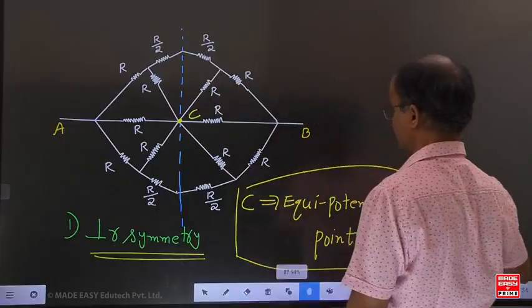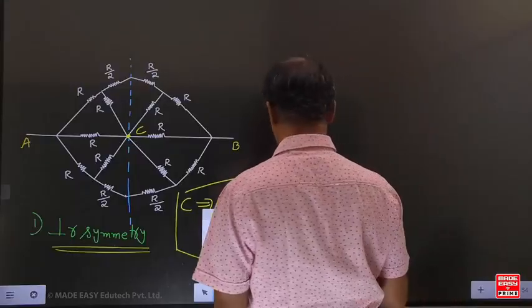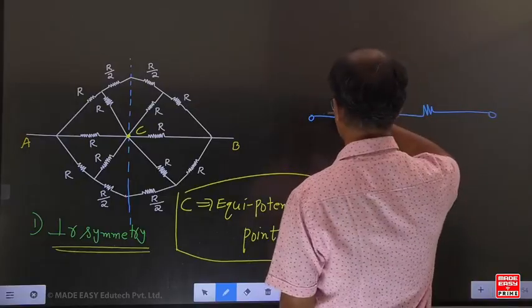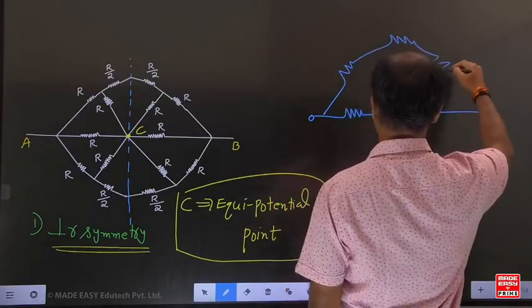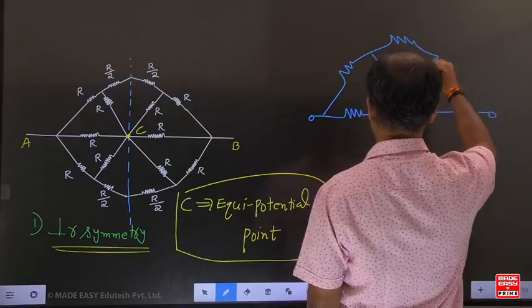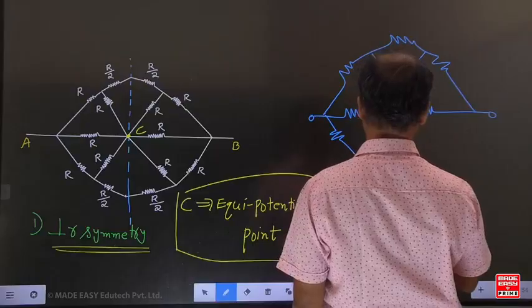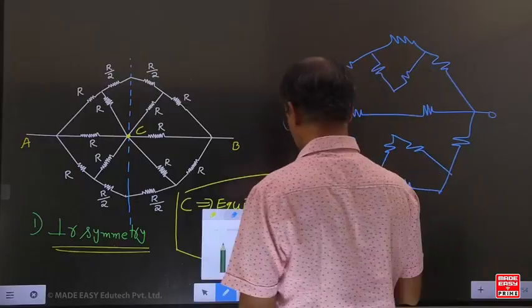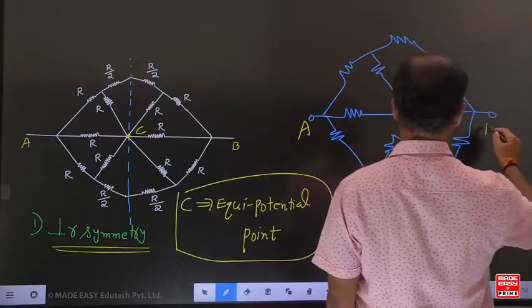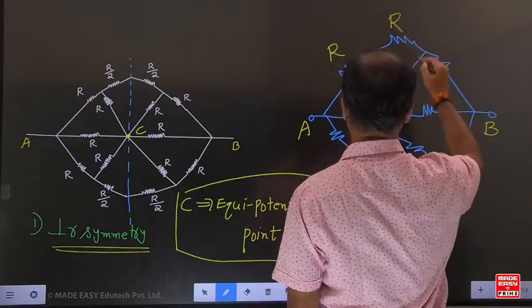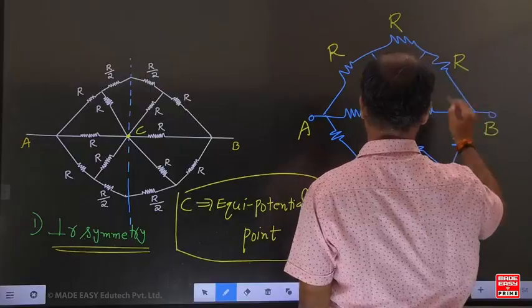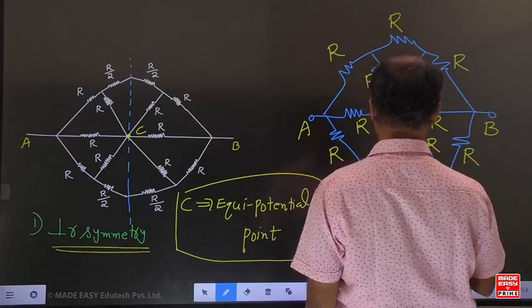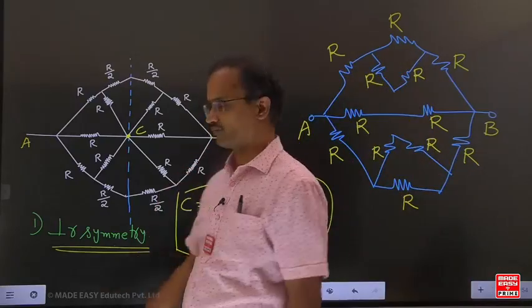If you disconnect along the dotted lines, now the corresponding example is here with respect to the dotted lines.